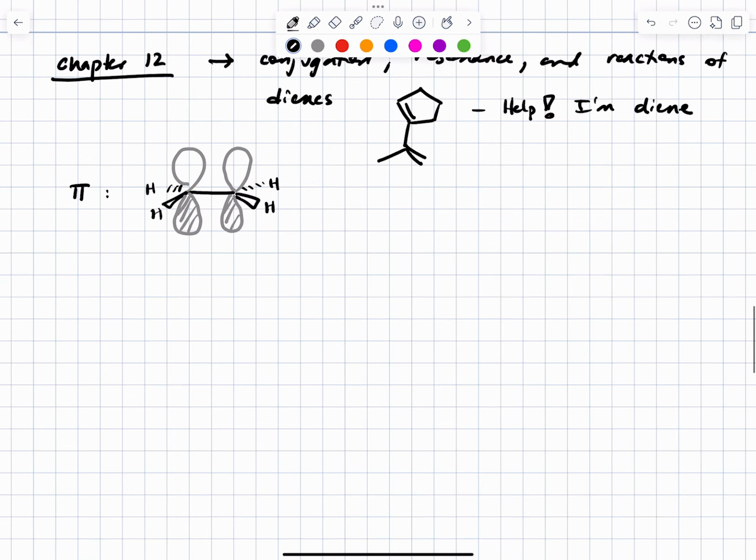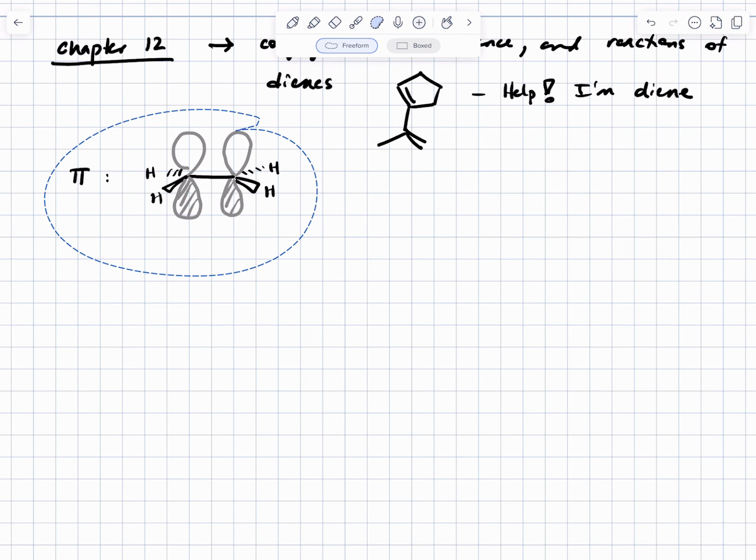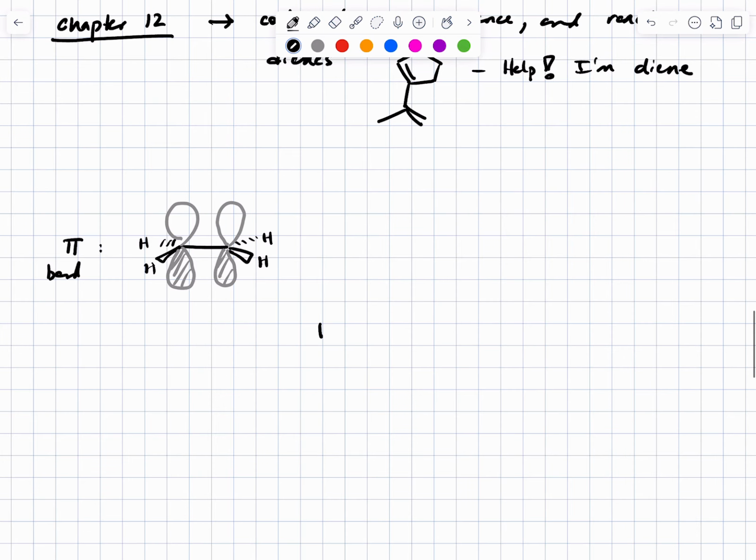And the combination of those two p orbitals, if we add those two p orbitals together with the same wave function sign, we get the familiar pi bonding orbital, which hovers above the plane of the sigma bonds and below the plane of the sigma bonds. And that is the pi bonding orbital.